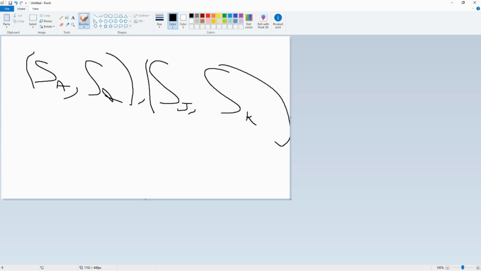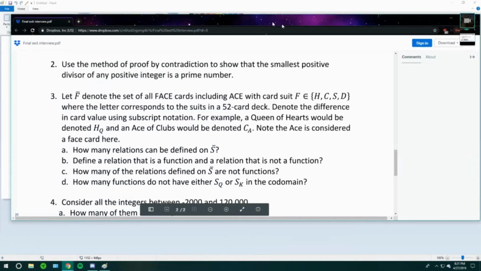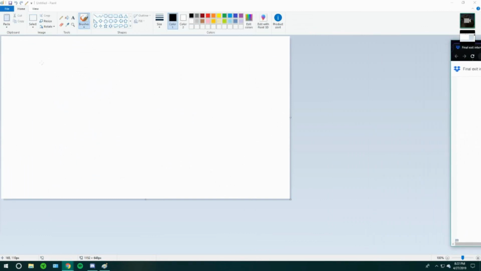So now Stevie is going to tell you about a relation that is not a function. The one definition that is not a function would be where the x's repeat themselves. So basically what Treyway was saying earlier, ace of spades, and then you have a queen of spades.